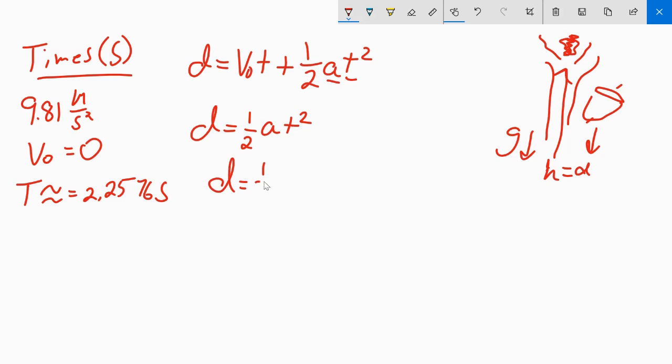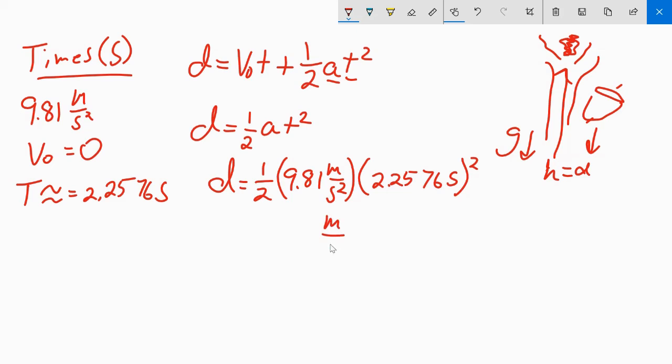Distance equals 1/2 acceleration, 9.81 meters per second squared, times, let's put some parentheses just to make things easy to read, 2.2576 seconds squared. And let's do some unit analysis.